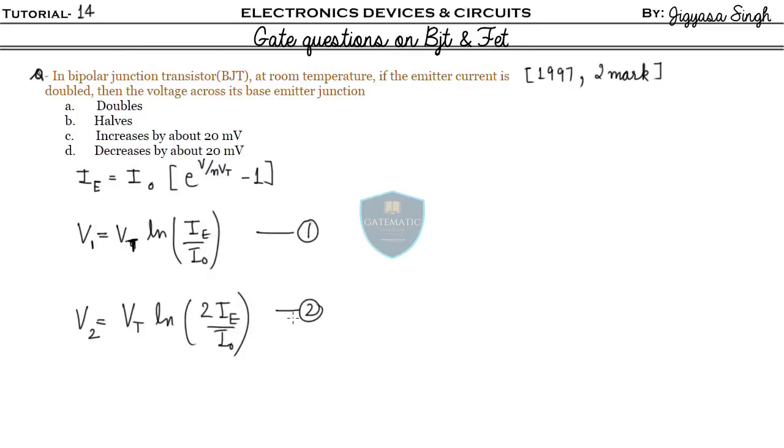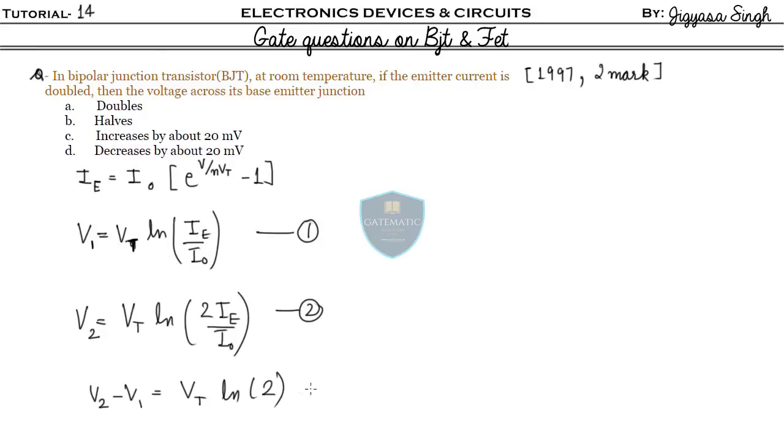So now I will subtract 1 from 2. What will I get? I will get V2 minus V1 is equal to Vt times ln 2, and this will cancel. This is in division, so I'll get this, right?